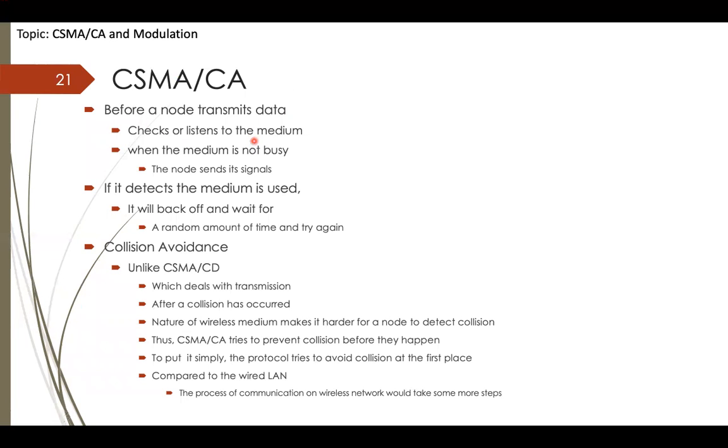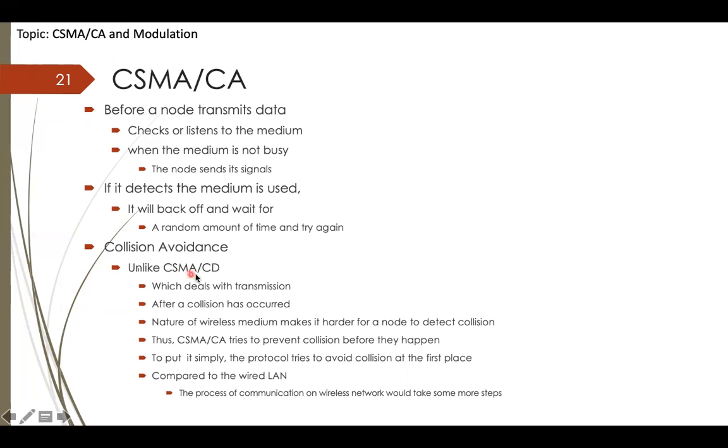For example, if a node wants to send any information over the channel, it has to check or listen to the medium. When the medium is not busy, the node can send its signal or data. If it detects the medium is used, it will back off and wait for a random amount of time and try again.